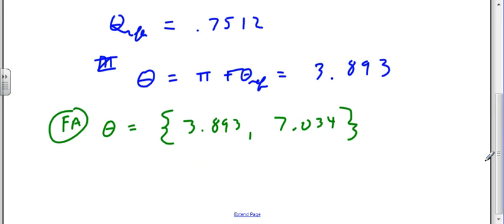So I want the sine of 3.893. And I get minus 0.6827. Looks good to me. And I take the sine of 7.034 and I get 0.6822. Why is it not negative?